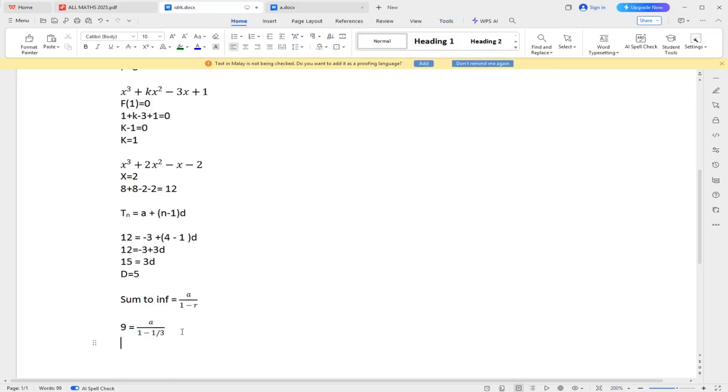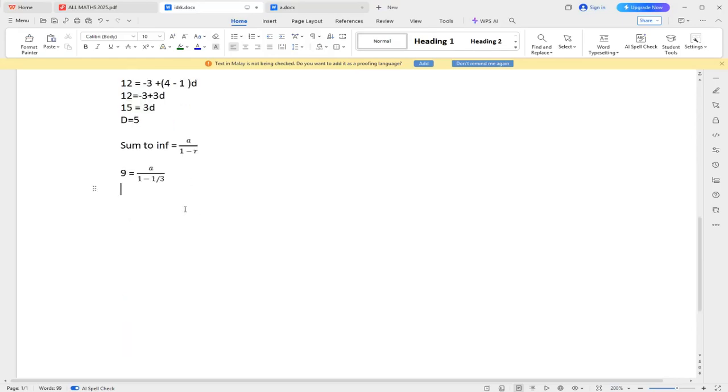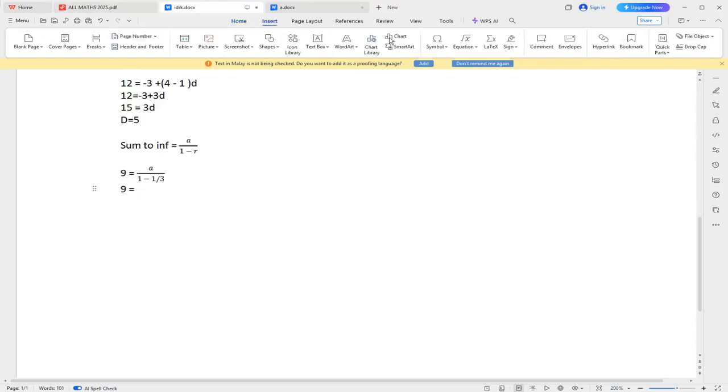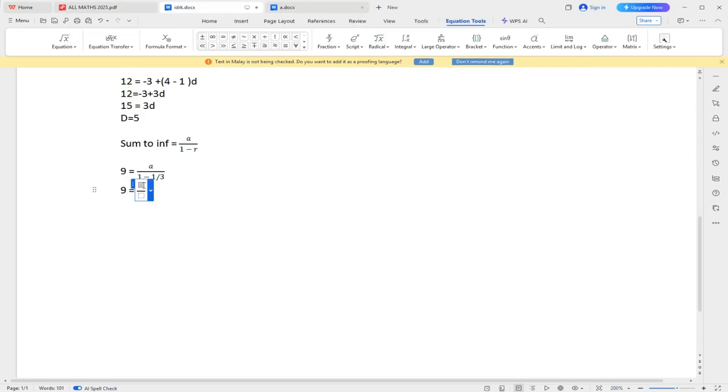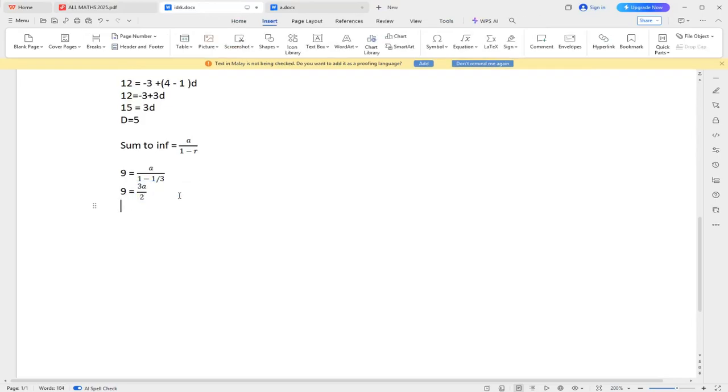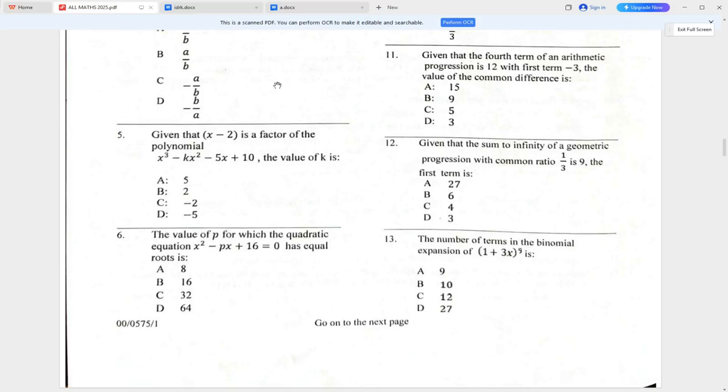From here, we have 1 minus 1/3 is 2/3. We have a divided by 2/3, that's 3/2 a. So 9 is equal to 3a over 2. And here, if we cross multiply, we get 18 is equal to 3a. And finally, a is equal to 6. That's our first term. And looking at our options, we have B for question 12.